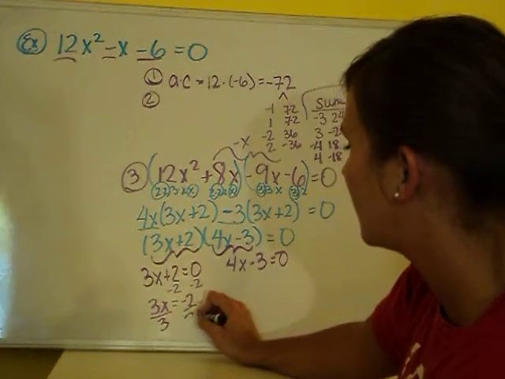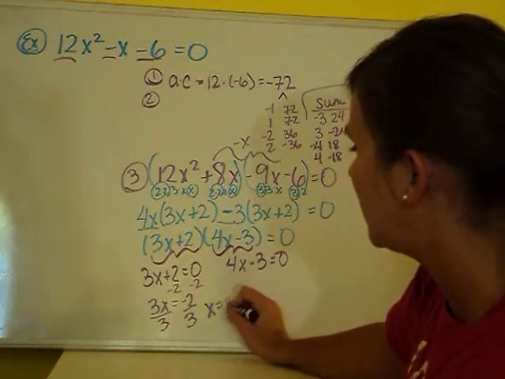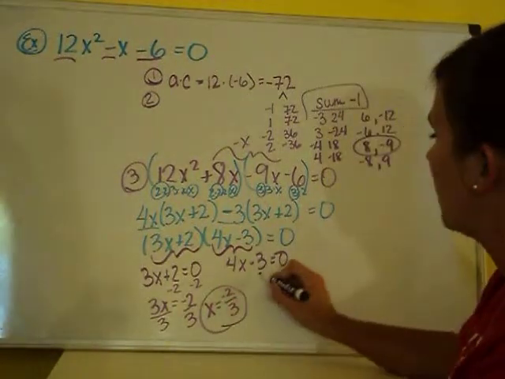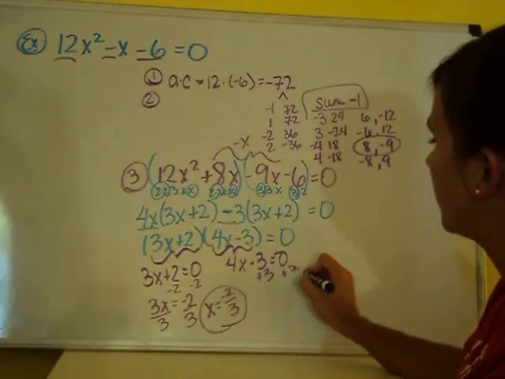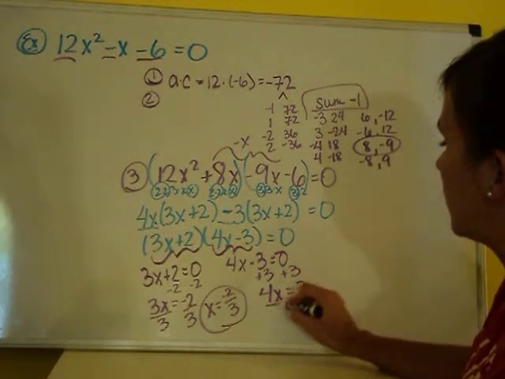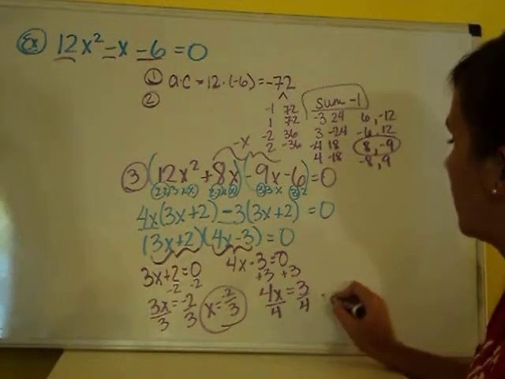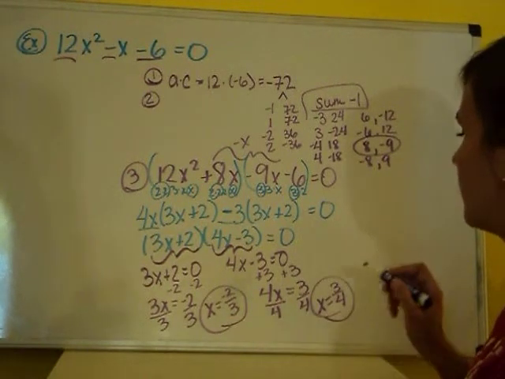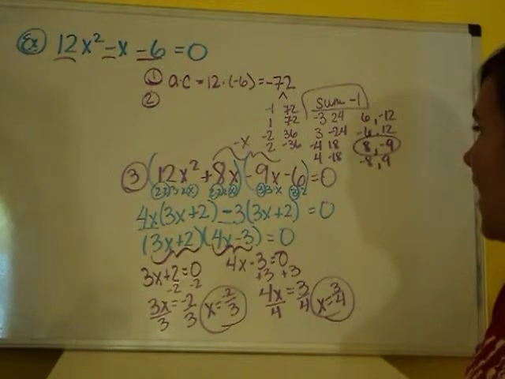Divide by 3, here I get x equals negative 2/3. Here I'm going to add 3 on both sides, so I get 4x equals 3. Divide by 4, x equals 3/4.